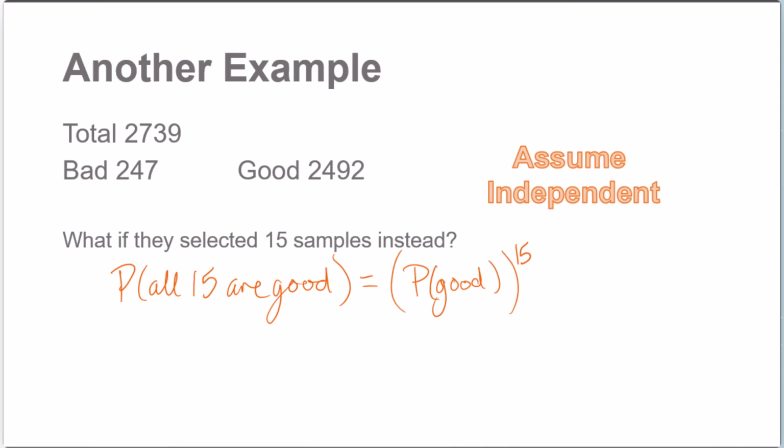We're multiplying that probability the first is good times probability the second is good times probability the third is good, etc., assuming that these probabilities are all going to be the same. This would be 2492 out of 2739 to the 15th power. So if we actually did 15 samples, the probability that they were all good is actually only 0.2423.